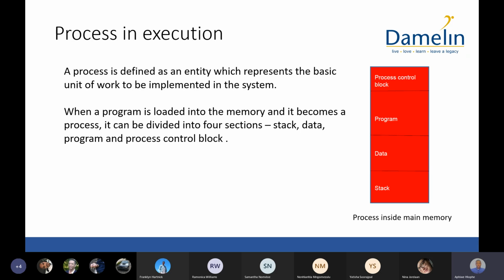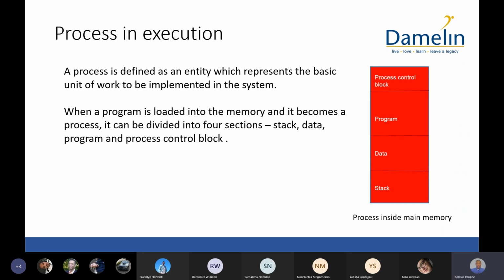We have global variables and then we have static variables. So what kind of variables were defined in that particular software? And then we also have the program, which contains information about how much space allocation is required for this process. Then we have the process control block component.